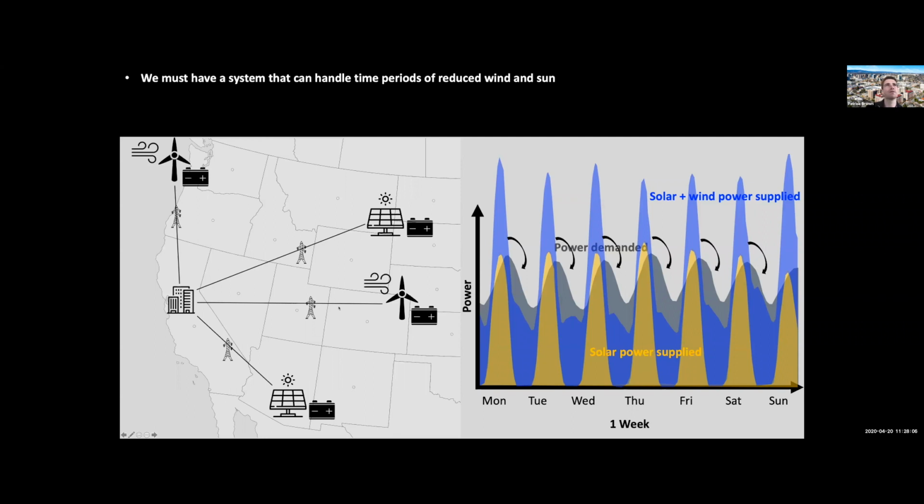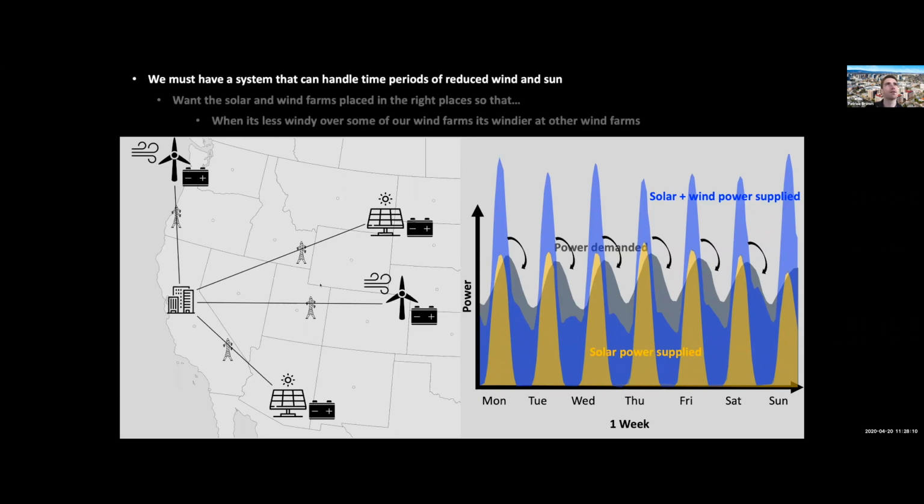And the reason for that is that you want the solar and wind farms placed in the right place so that when it's less windy over some of our wind farms, so let's say it gets less windy here, you need it to be more windy somewhere else. So you need these to be far apart in space so that there's not a correlation between the windiness of your wind farm here and your wind farm here.